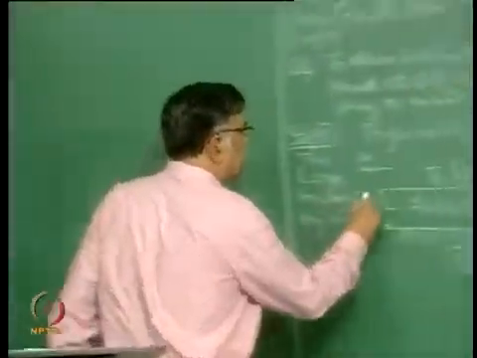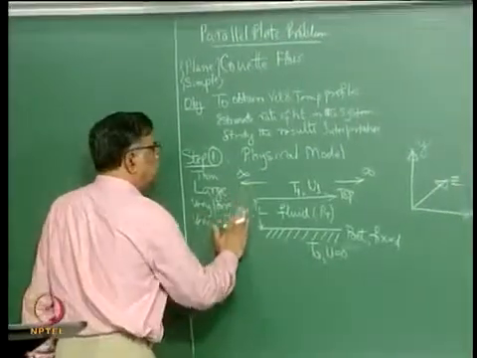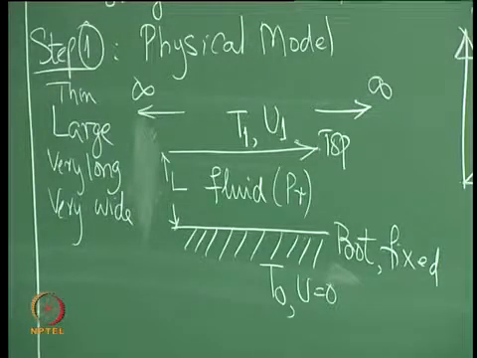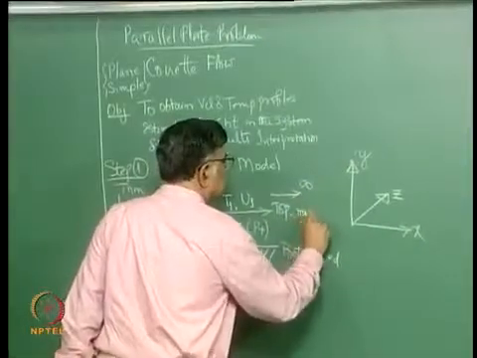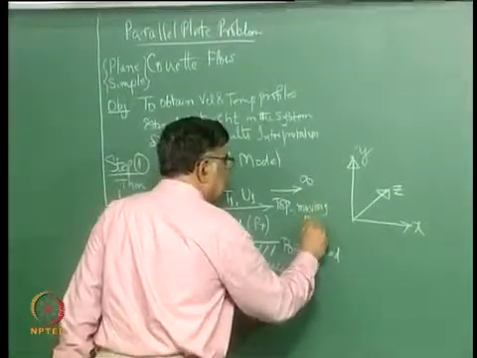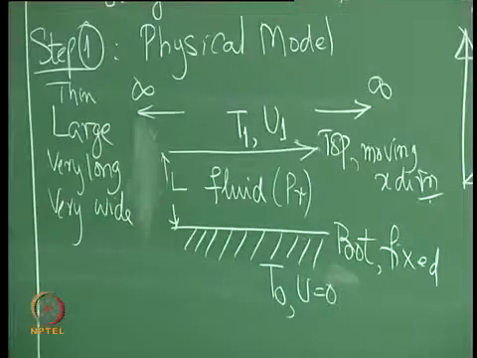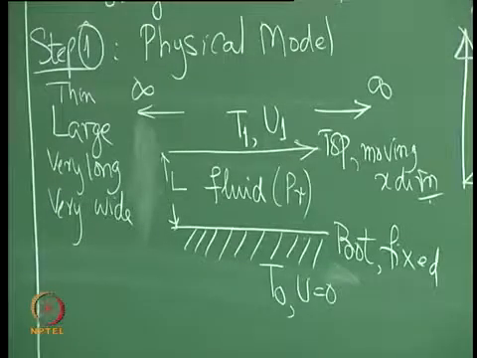Imposed would be if I put a fan here or a compressor, that would be imposing the flow. But as long as you understand, you can use whatever word you want. Bottom plate fixed, top plate moving in the x direction. This is very important also for us. So it is Cartesian, and we have selected the Cartesian coordinate system.